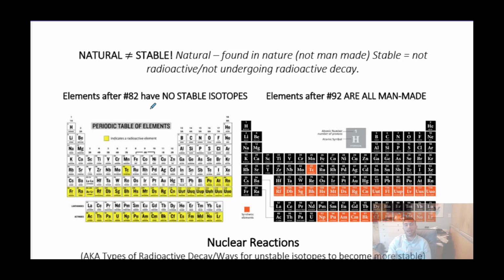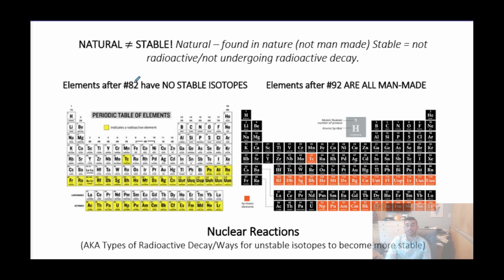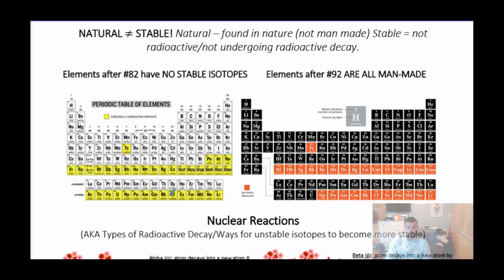Elements after number 82 have no stable isotopes, so all of the ones in yellow here, technetium is an exception in many ways. And then elements after 92 are all man-made, so that would be from neptunium on. So again, what we're saying here is elements after 82 have no stable isotopes.